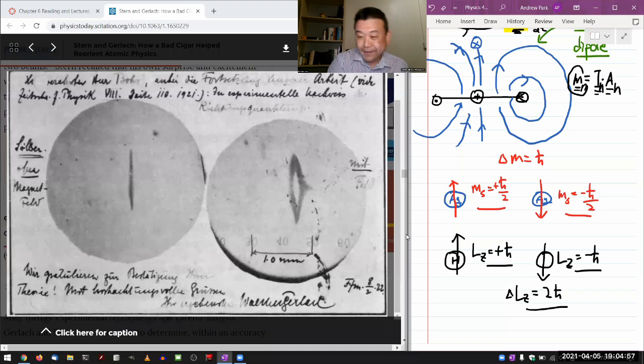And it turns out the amount of separation you get from the magnetic dipole due to spin angular momentum is exactly the same as from the magnetic dipole of the orbital angular momentum. And this is how they match up.